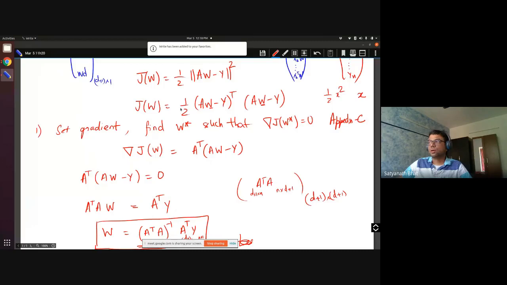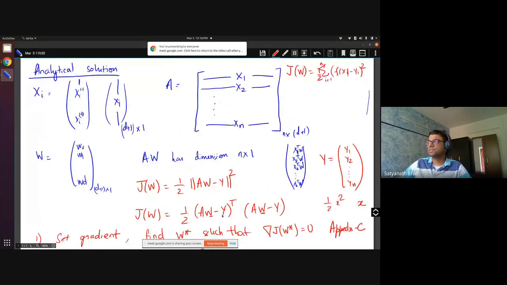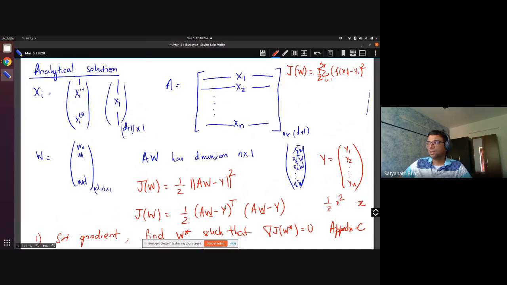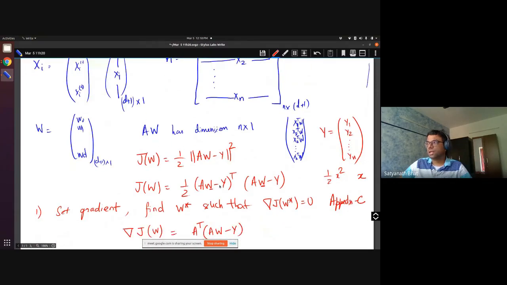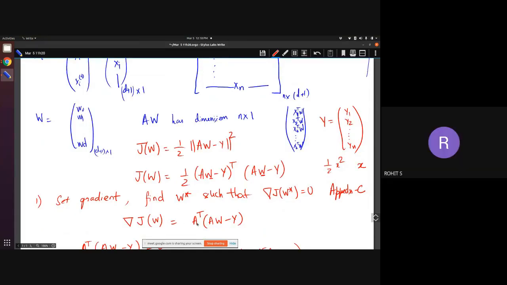Okay, so is this okay? Do you follow why this is the same as this? After the line that said gradient and J star, if I'm setting the gradient to 0, do you not follow why this has come from taking the gradient of this? Yes, sir.